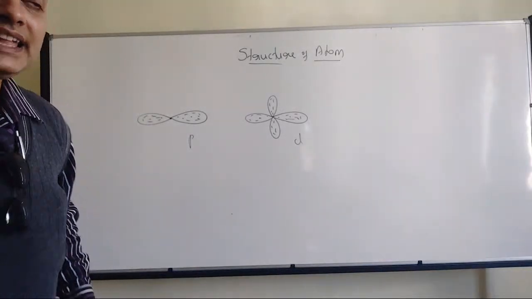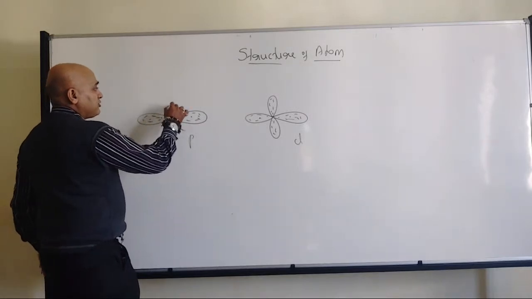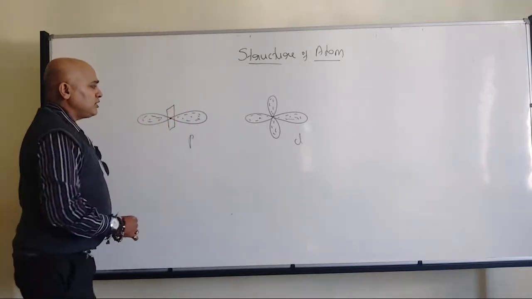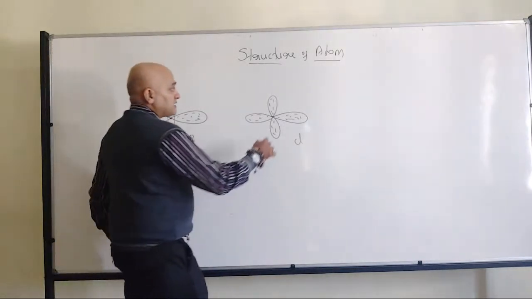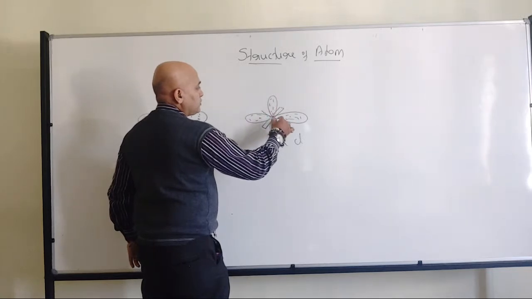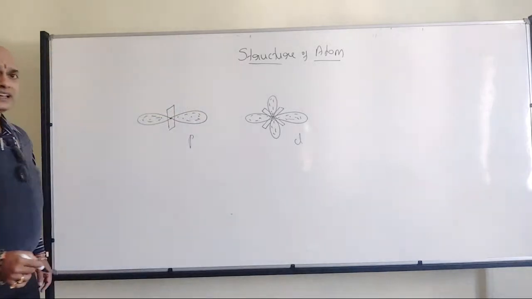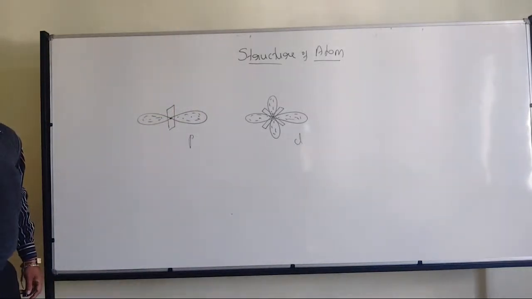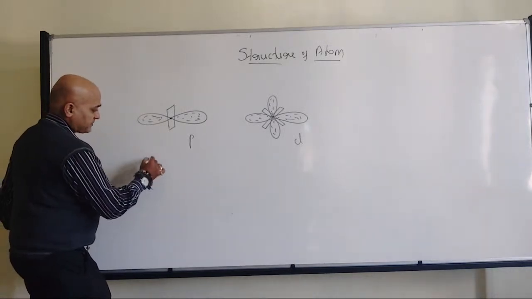We can clearly see that there is only one angular node when it comes to p subshell orbital. But when it comes to d subshell, there are two angular nodes. All of you can see it here clearly.